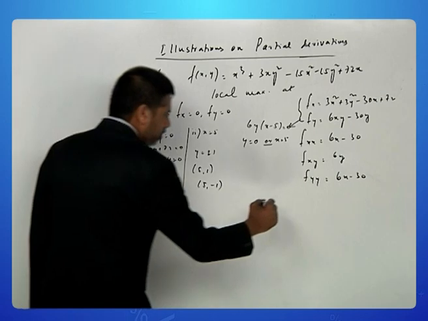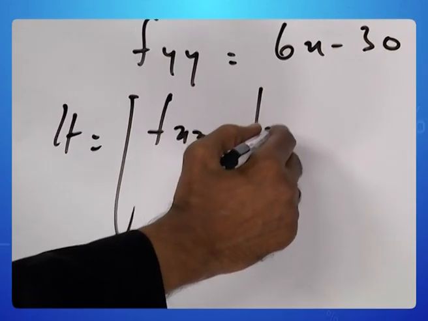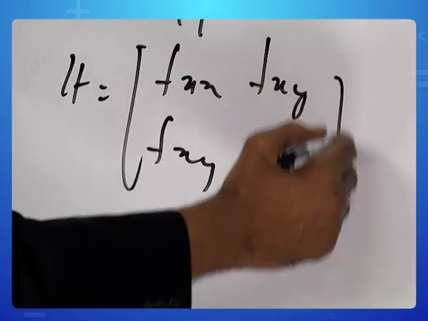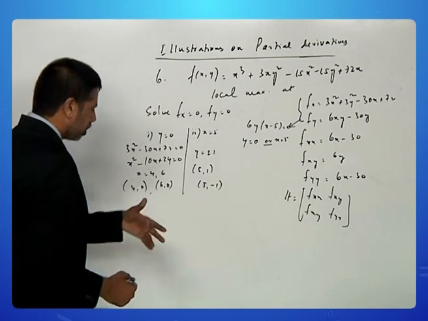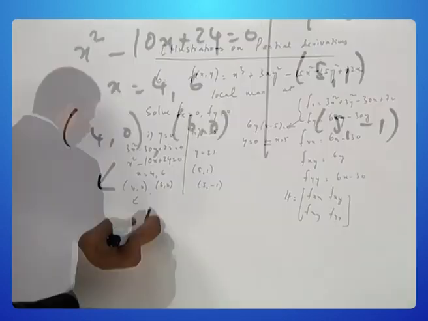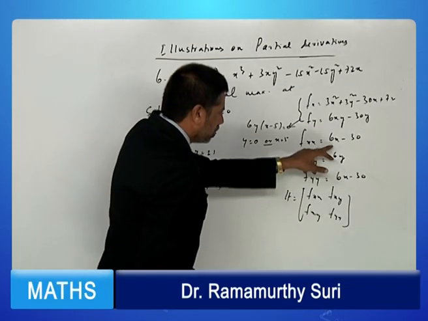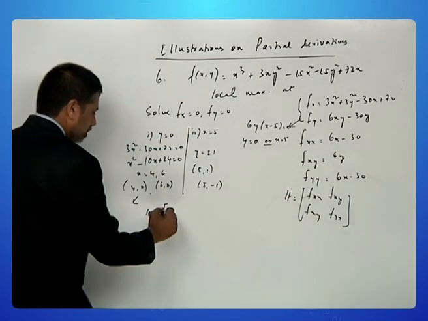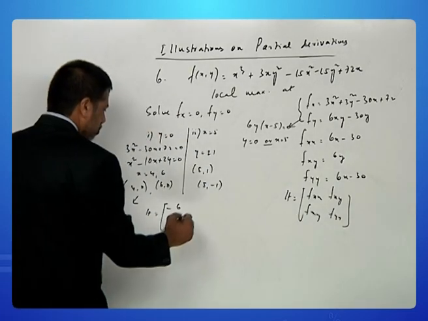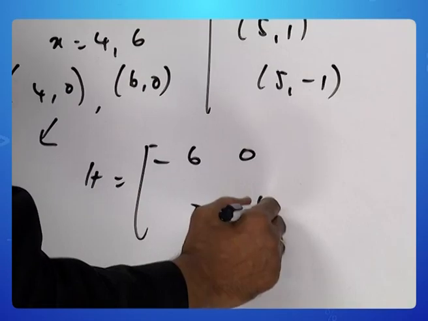One by one, you substitute that into the Hessian matrix, fxx, fxy, fxy, fyy. And when you work out, suppose you take 4 comma 0. At 4 comma 0, let us analyze H. Fxx will be 24 minus 30, that is minus 6. Fxy will be 0. Then fyy is again minus 6.